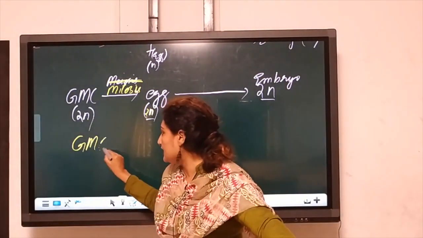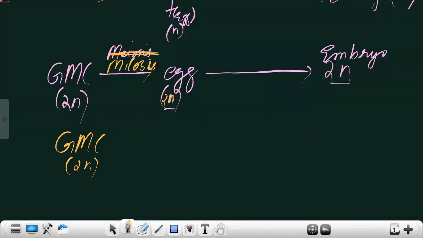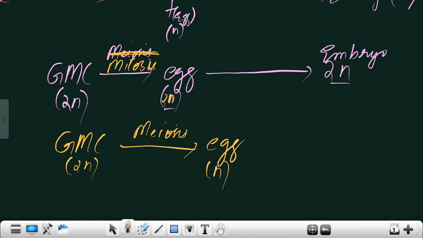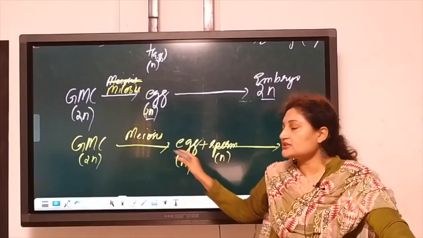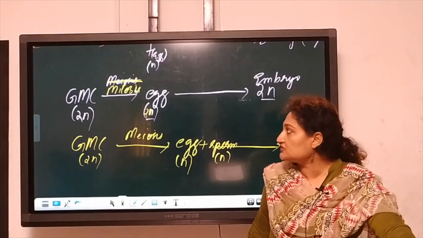Here we talk about the female gamete, the egg, and because it's meiosis it becomes n. This egg fused with the sperm, the male gamete, so n plus n gives 2n. This is the case in the hybrid seed. What is depicted in yellow happens in the hybrid seed.